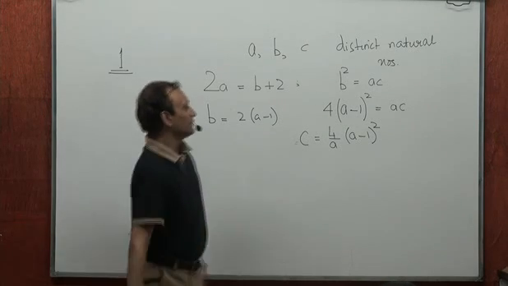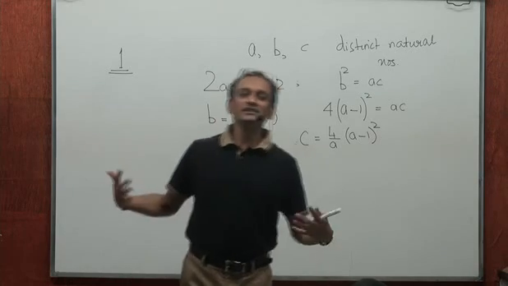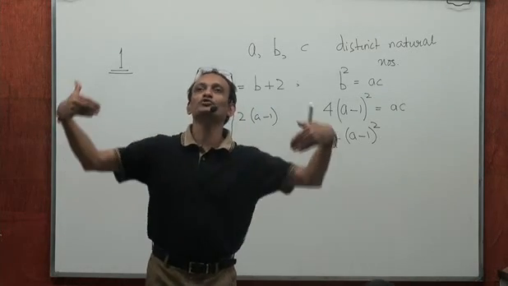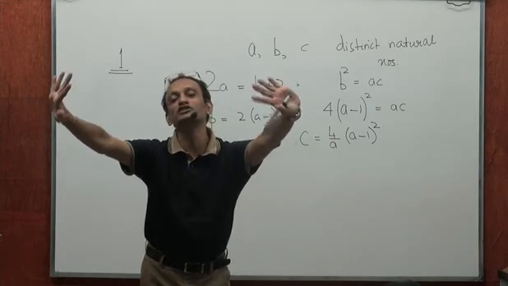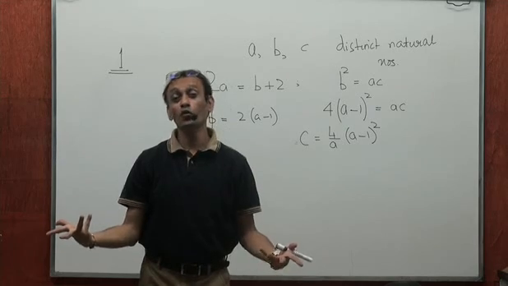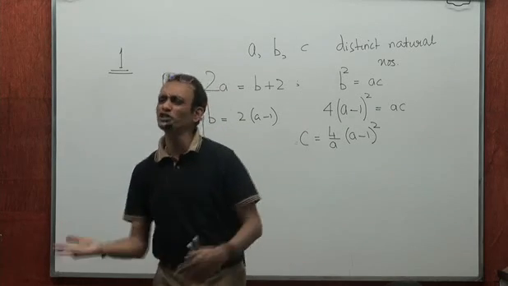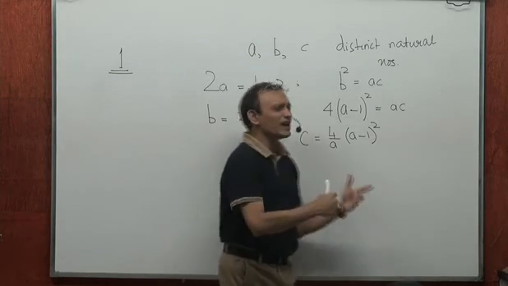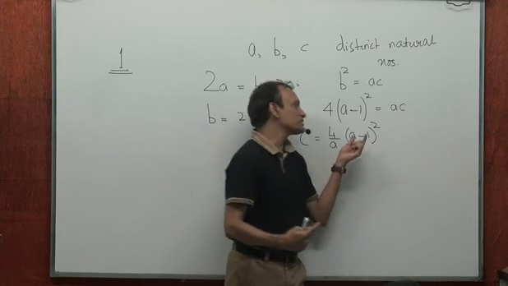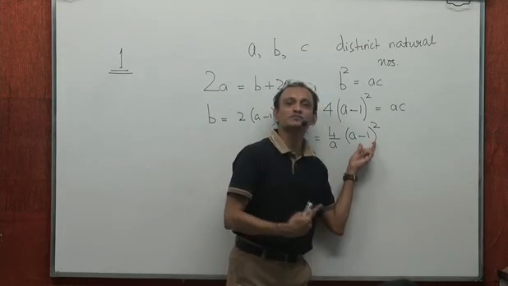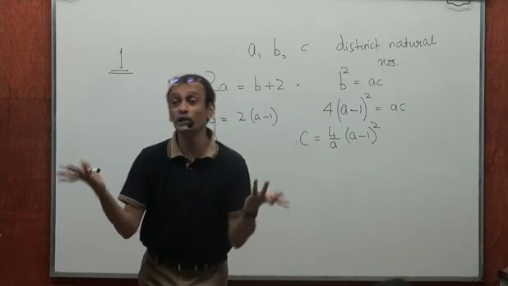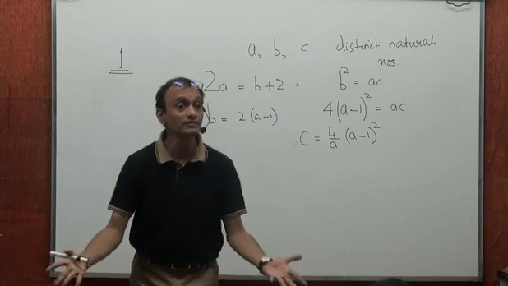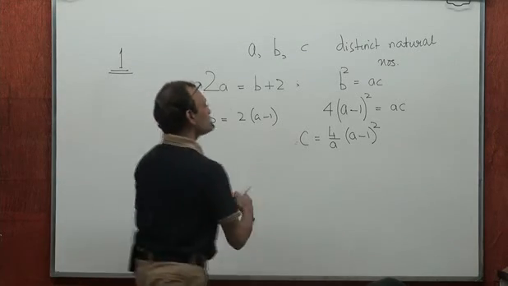Even if you could not see the problem to the very end, go by what nature is suggesting. Nature is suggesting, try the next thing out. Expand a minus 1 whole square: a squared minus 2a plus 1. Yes or no? So let's do that.